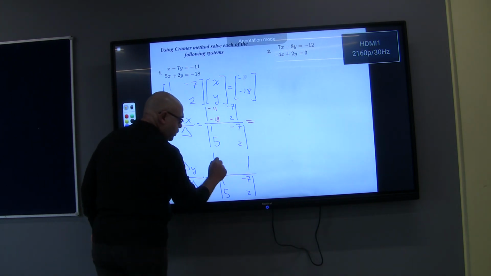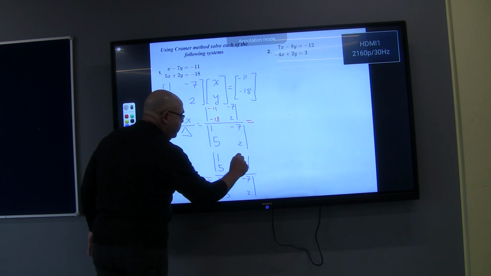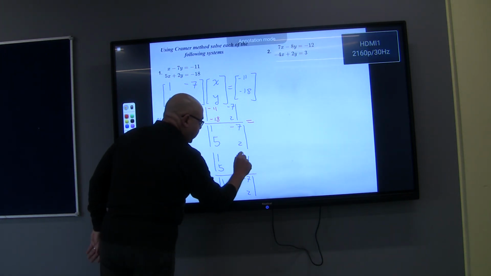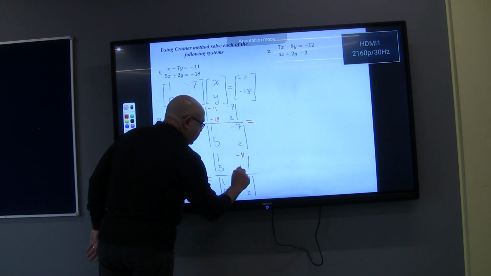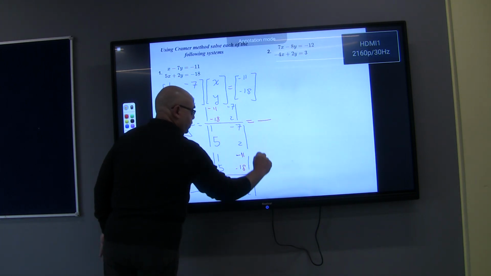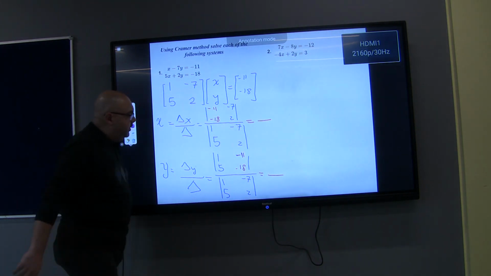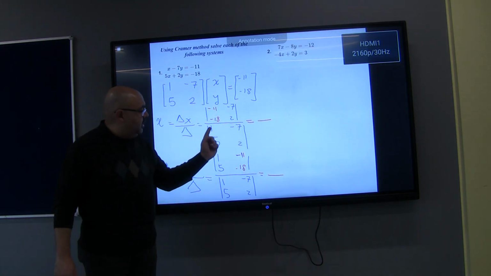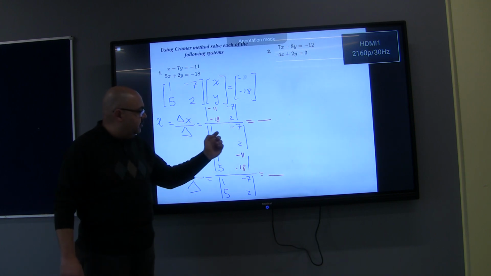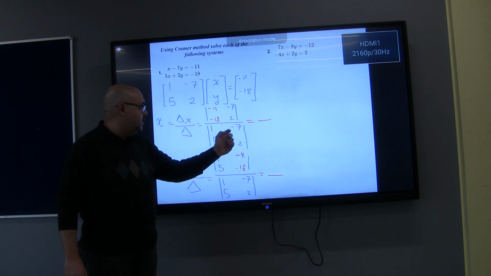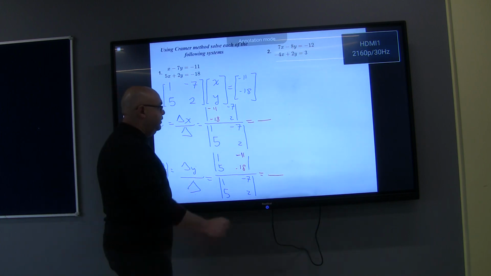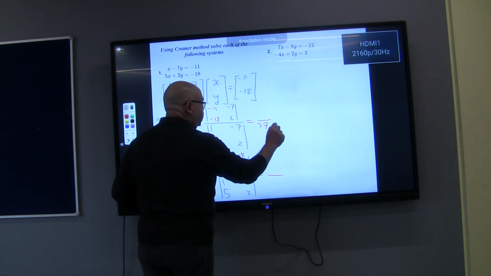The next step, you will have 1, 5, then -11, then -18, which is going to net 2. First of all, I will try to evaluate the denominators: multiplying the principal diagonal values minus the secondary diagonal. So it's going to be 2, then plus 7 times 5, which is 35. I believe it's going to come up to 37.